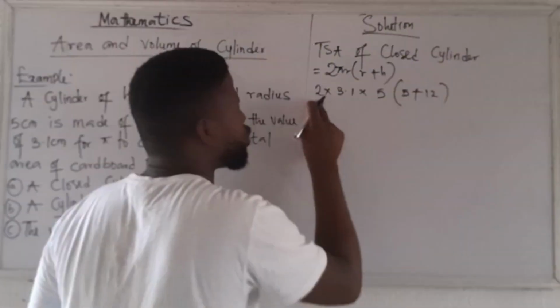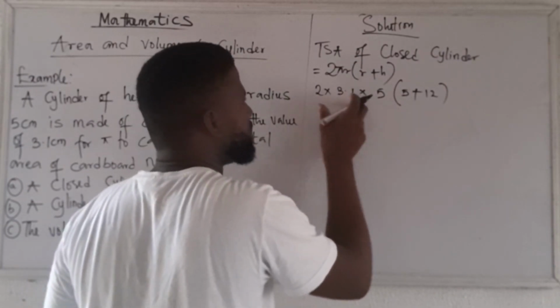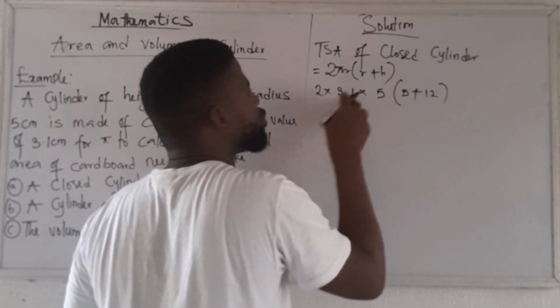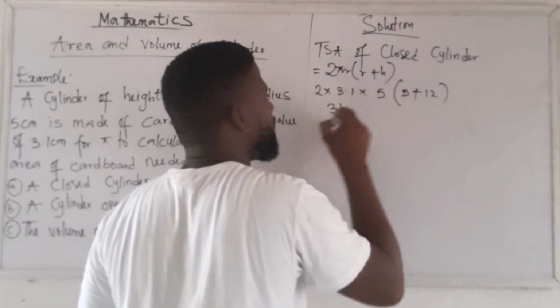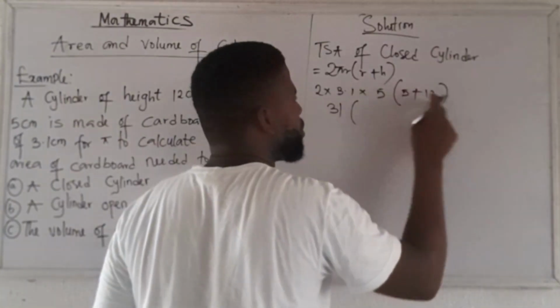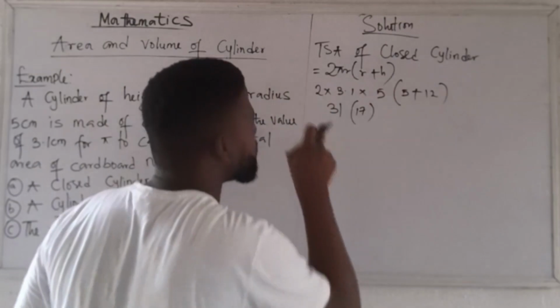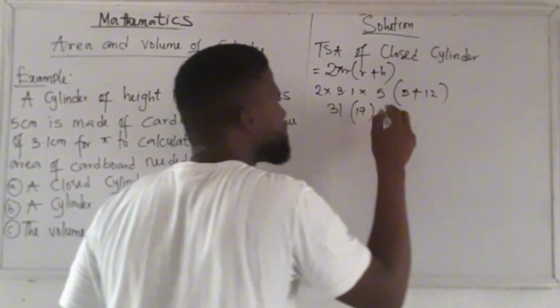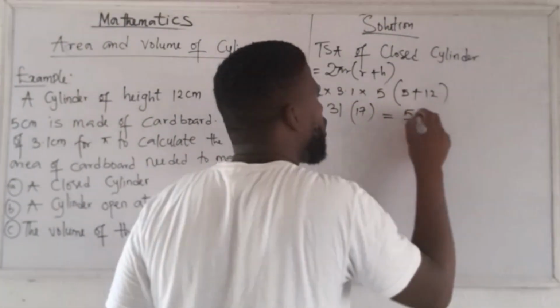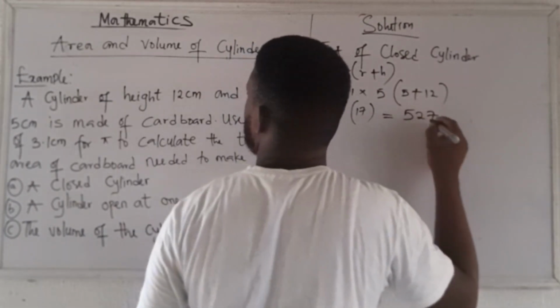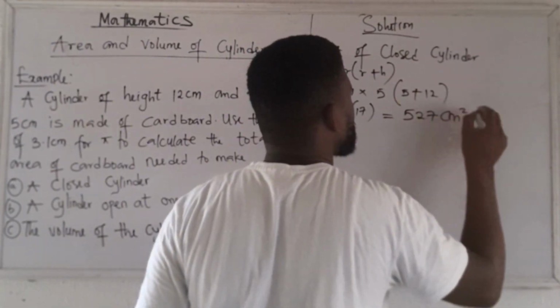So this gives us 2 times 3.1 is 6.2. 6.2 times 5 will give us 31, right? Into bracket 5 plus 12 is 17. 31 times 17 will give us 527 centimeter squared.